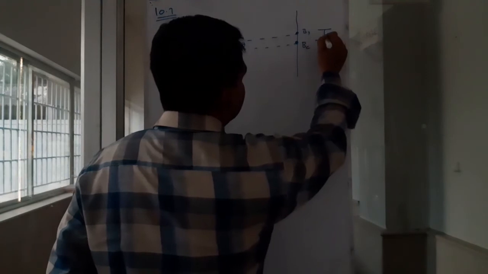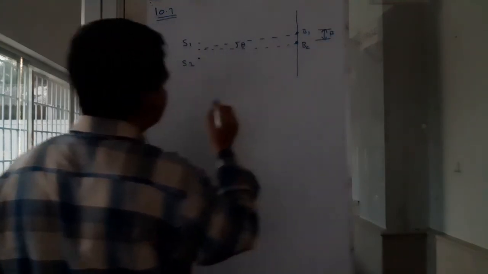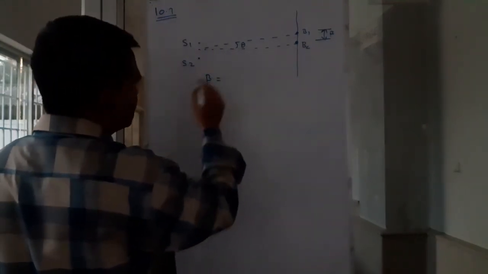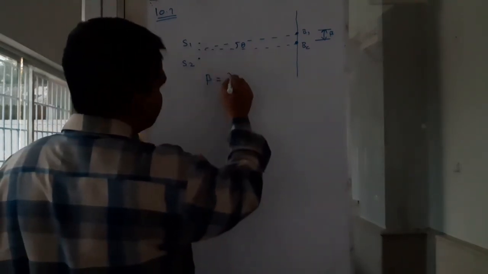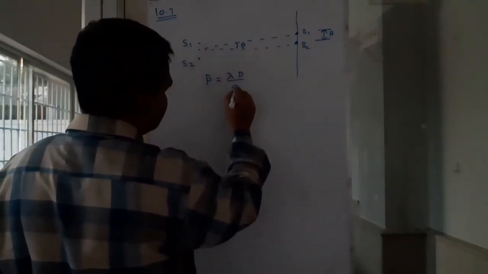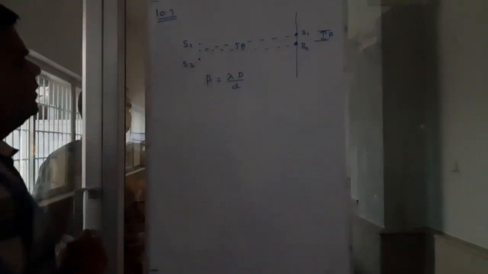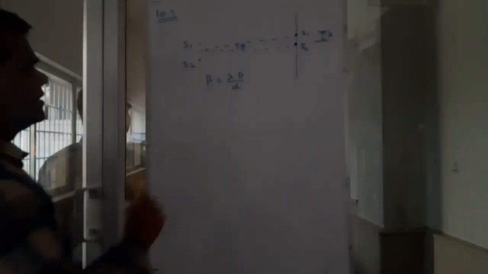First of all, what is the angular width? We know what this is basically. This is the bandwidth, right? Bandwidth is given by the expression lambda D by d.